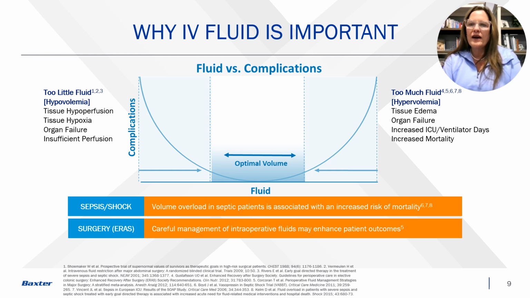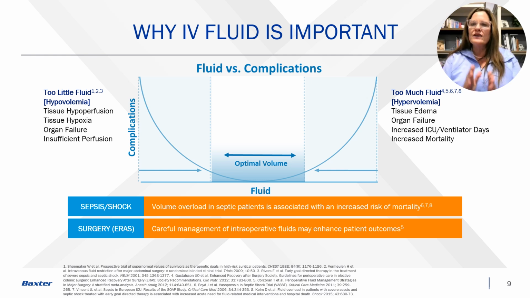And I like to compare it to the Goldilocks principle. We don't want too much. If we have too much, we end up with tissue edema, organ failure, increased ICU ventilator days, increased mortality. If we have too little, then we end up with tissue hypoperfusion, where patients are hypovolemic, organ failure, insufficient perfusion, right?